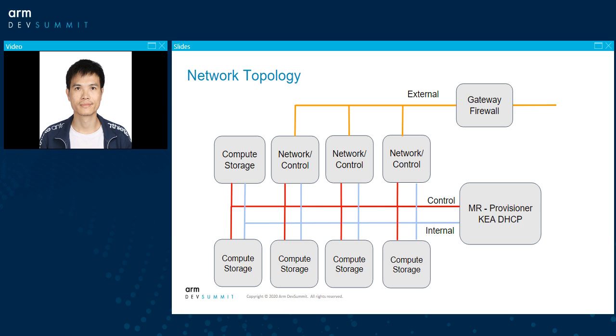And the blue network is the control network used by each node for control API network flows. And the red network is the internal network used by the compute and storage nodes for data and application network flows.